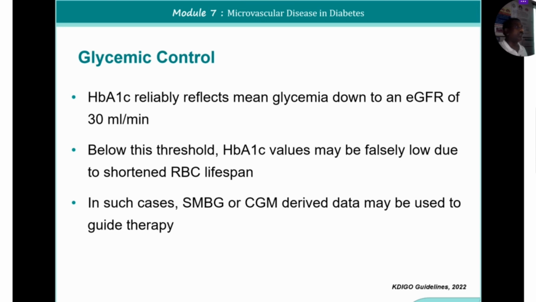So in the presence of uremia, in the presence of metabolic toxemia, the lifespan of the RBC will be reduced. The same thing in CKD also, there will be anemia. So again the RBC will be at a lower level and hemoglobin is at a lower level. So this HbA1c is spuriously affected when compared to the normal population. So don't 100% depend on the HbA1c in a severe CKD population.